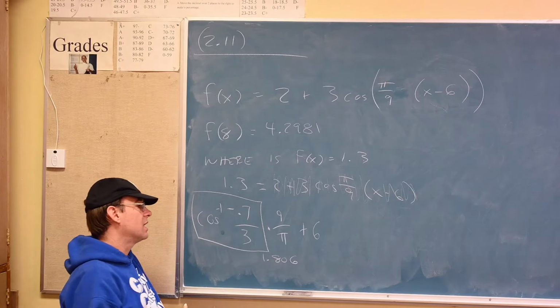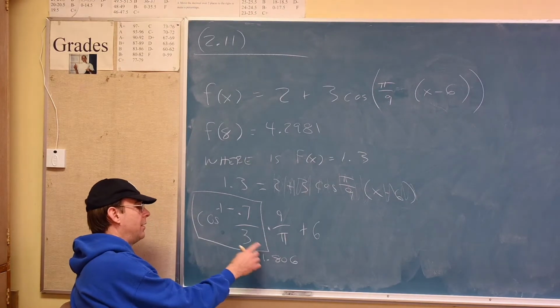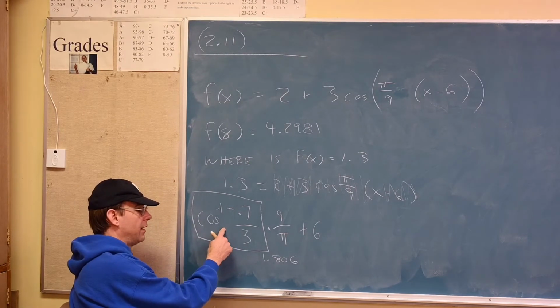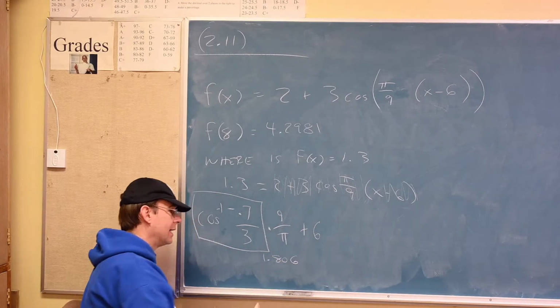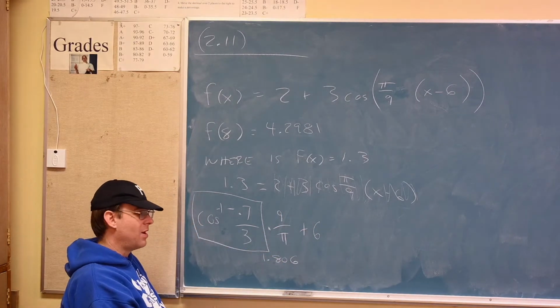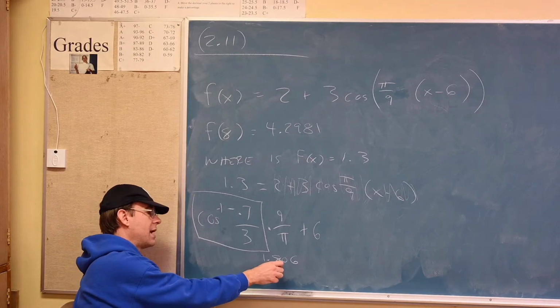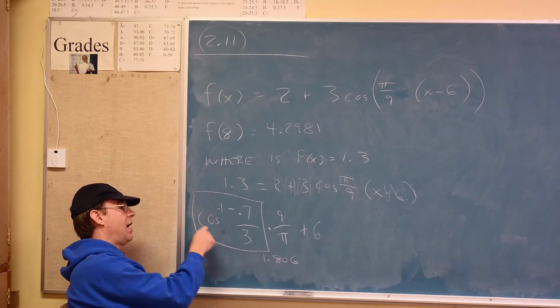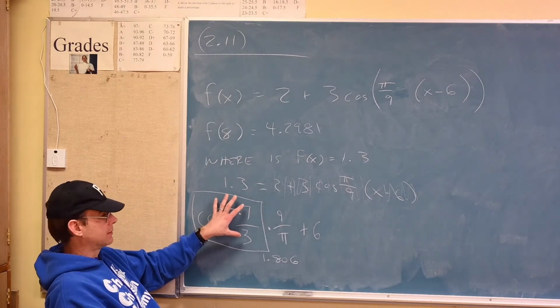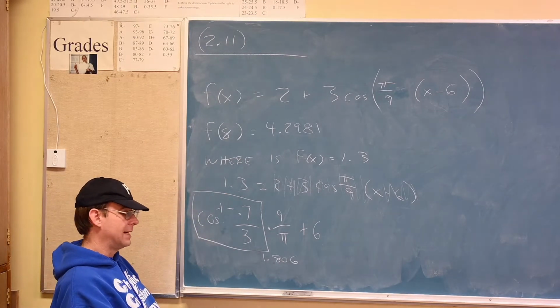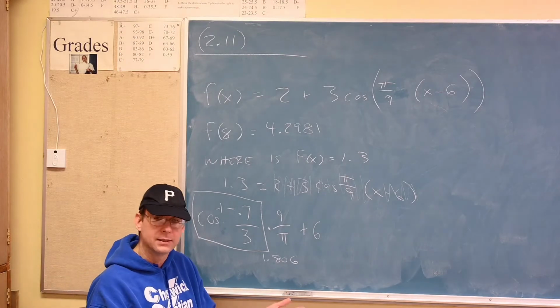Okay, for us to finish this problem in a minute, I'll need to take that answer I just got, times the upside down fraction, add 6, and see where we stand at that point. But I'm not going to do that yet. 1.806 is one possible value for the inverse cosine part of this process. But what we learned yesterday is that inverse cosine has an endless amount of answers.